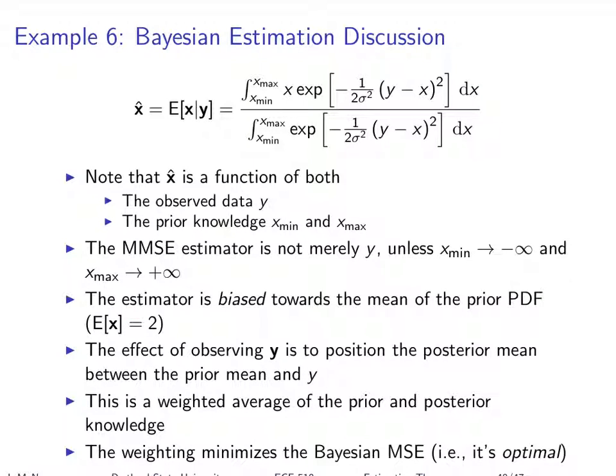And that's important because the estimator is biased towards the mean of the prior PDF. It's biased towards that prior knowledge we have. And that's good if that information's right, and it's bad if that information's wrong. Again, that's your job, not mine. And with the effect of observing Y, the estimator ends up positioning it between the mean of the prior and the posterior mean.